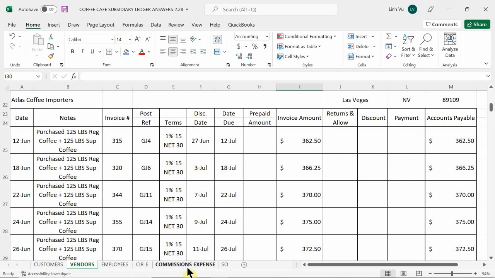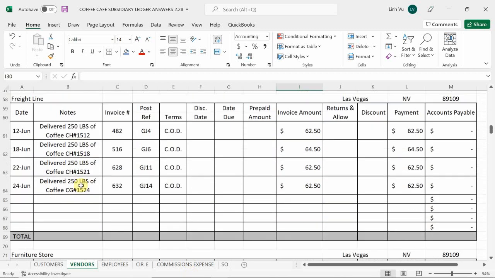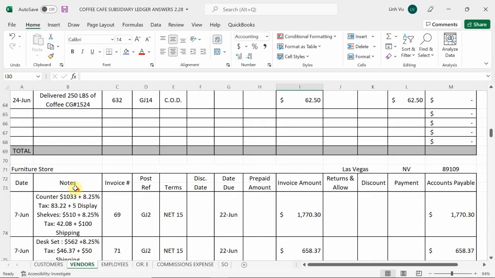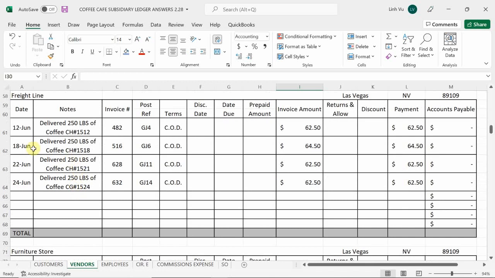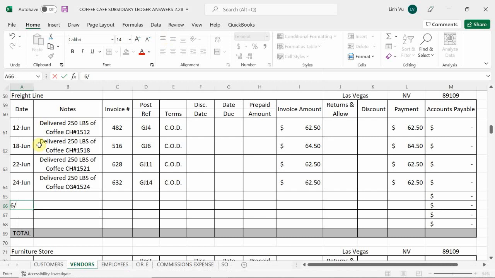Then we have to update Freightline, because we sent out a check, so we need to ensure that this is recorded.